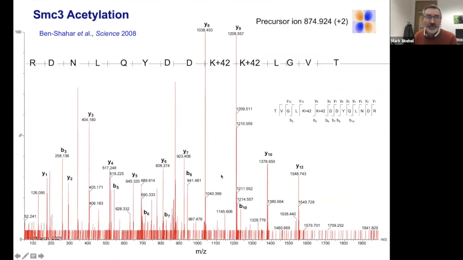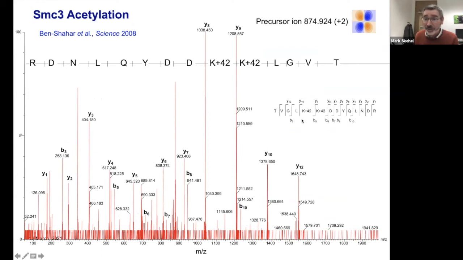Okay, so here's one of acetylation that we did a few years ago. This is looking at SMC3, and it's acetylated in an Eco1-dependent manner, and it forms the cohesion of sister chromatids. This was work we were doing with Frank Uhlmann a number of years ago now, and he wanted to look at the acetylation. What we identified was the acetylation of one of these lysines, or at least the one they thought was acetylated.